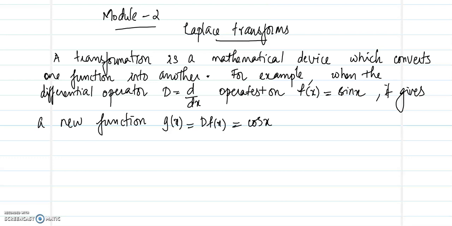So when you have initial value problems, when you are given a problem together with a set of initial conditions, usually we find the general solution and then the conditions are substituted to arrive at the particular solution. With the Laplace transform we can arrive at the particular solution directly. So it is used to solve ordinary differential equations and partial differential equations.